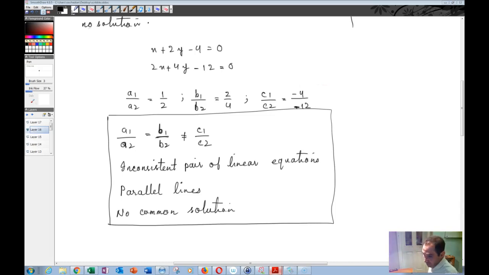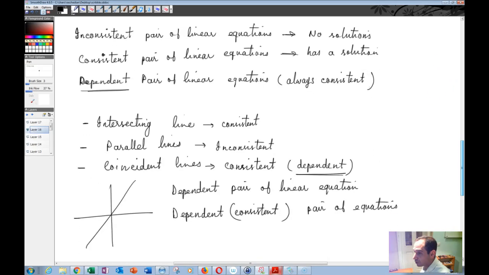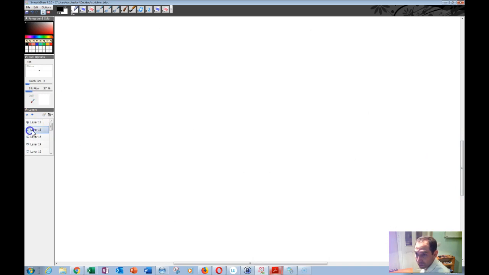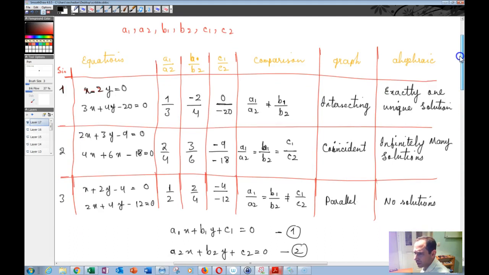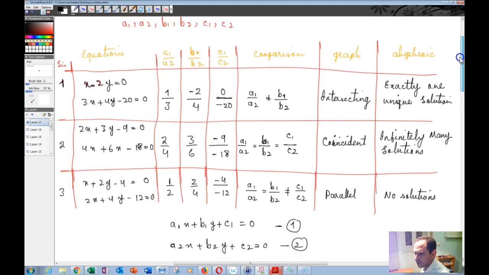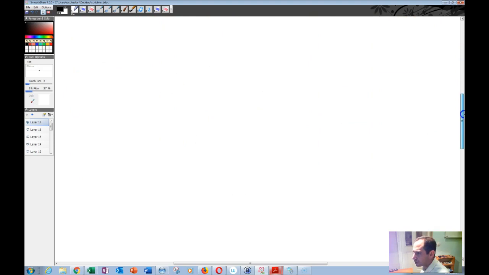Okay, so let's say that you have a pair of linear equations, and I'm going to do them over here. A pair of linear equations, so it is x plus 3y is equal to 6, and 2x minus 3y is equal to 12.